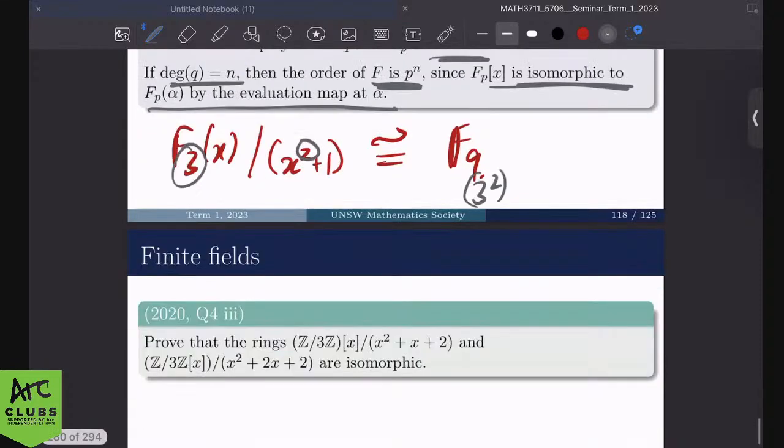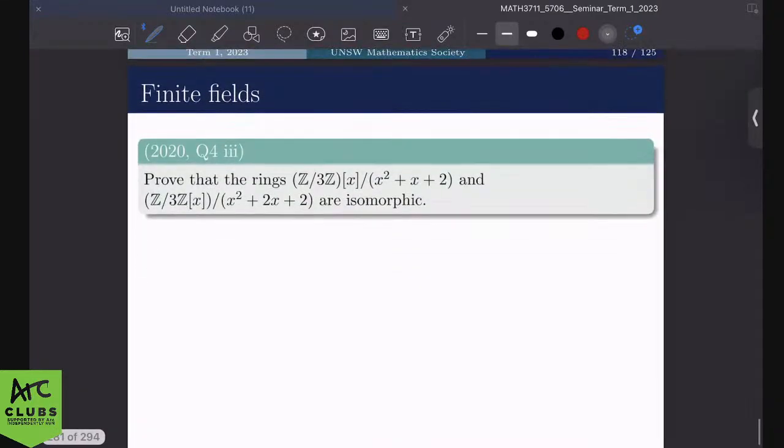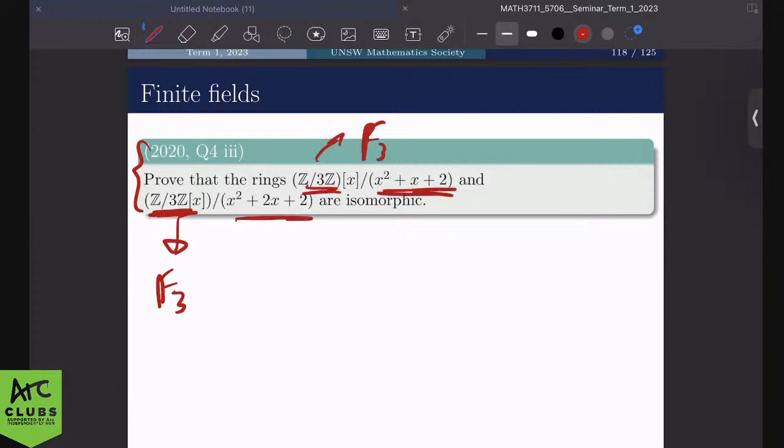Okay. Sweet. So we want to prove that these two rings are isomorphic. They both look to be fields because we've got Z on 3Z, which is the field of order 3, and then we're quotienting it over a polynomial.